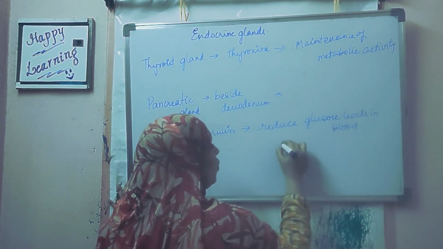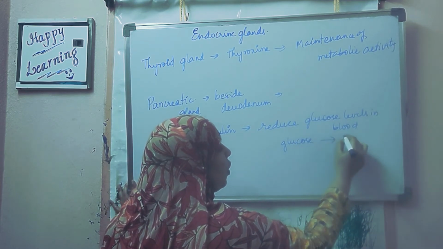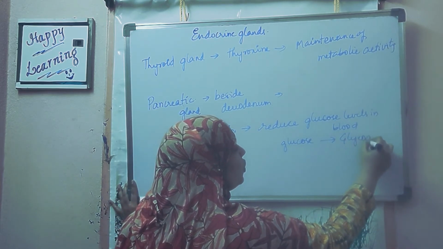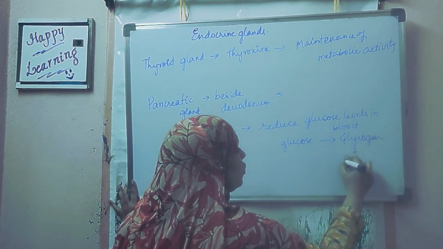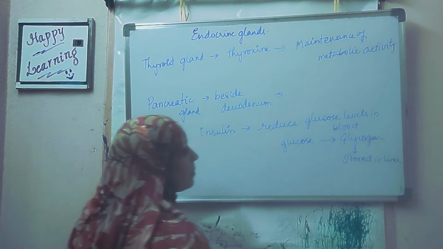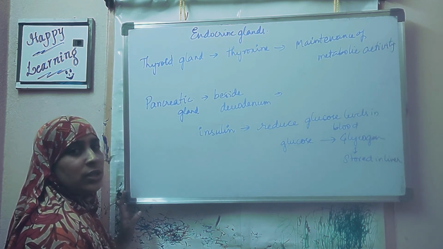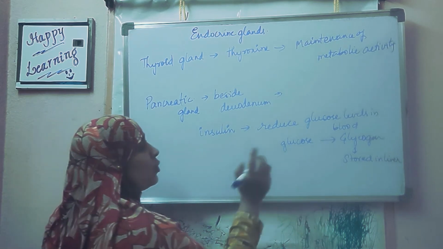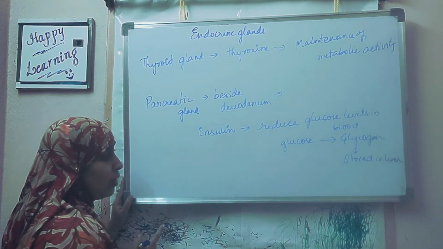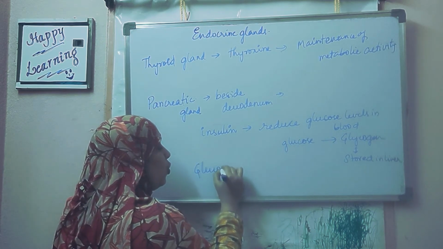Why? Glucose is converted into another chemical called glycogen. This glycogen is stored in liver. So for storage purpose, it is converting glucose into glycogen. That is why level of glucose in blood decreases.